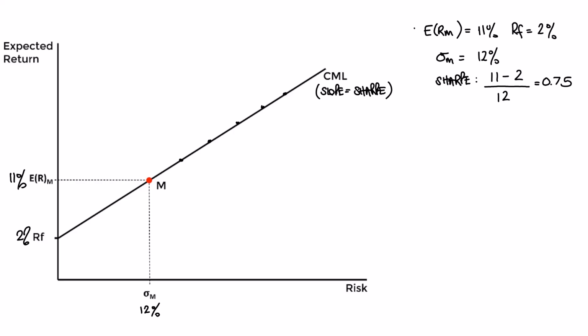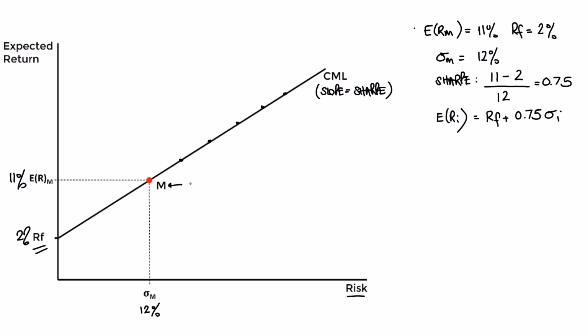So we know the equation of the CML. And we can calculate the expected return of any portfolio on that CML just with the equation of this straight line. We can say it's the intercept, the RF, the risk-free rate, plus the slope, which we now know is the Sharpe of 0.75, multiplied by the risk that you take on, the risk in that portfolio. For example, let's check that works for the market portfolio.